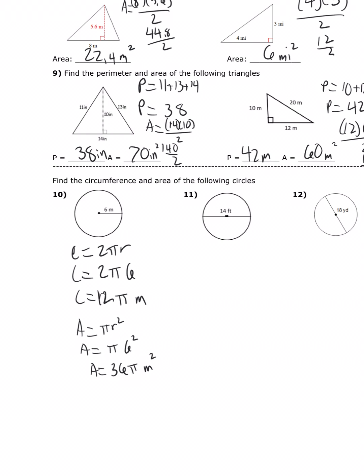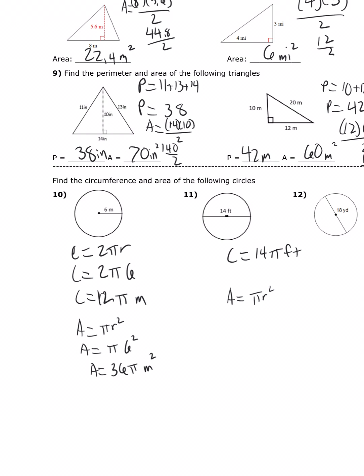Okay, next we have a circle with a diameter of 14 feet. So again, we can do pi times diameter. So it's going to be 14 pi, and that's going to be our final answer. 14 pi feet is our circumference. Our area still is, sorry, not 2 pi r, that's circumference, pi r squared. So we need to find the radius.